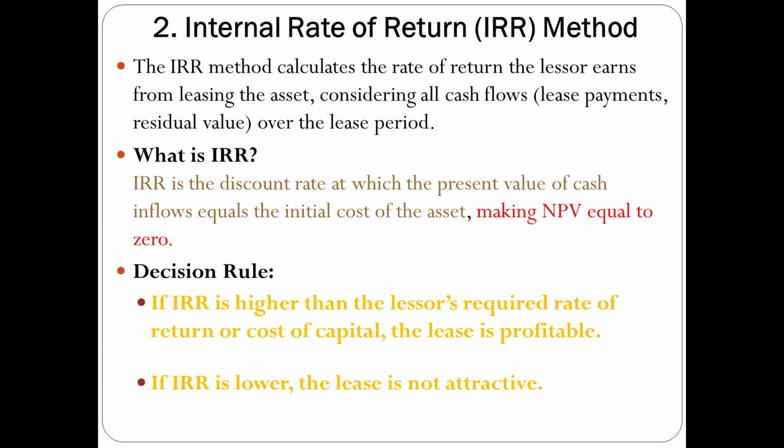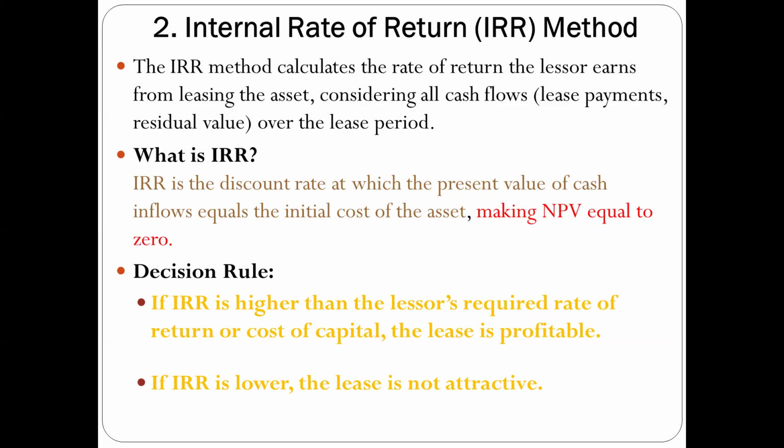Next point is, what is IRR? IRR is the discount rate at which the present value of cash inflow equals the initial cost of the asset, making NPV equal to 0. Which means the IRR, or internal rate of return, is the rate at which the money you will get in the future equals the money you spent upfront.